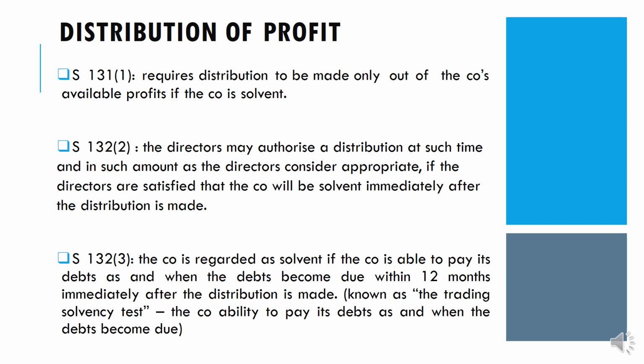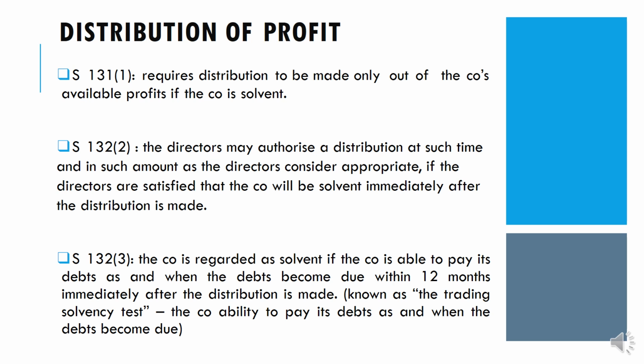132 subsection 3. Section 132 actually explains to us what it means by solvent. A company is regarded as solvent if the company is able to pay its debts as the debts become due within 12 months immediately after the distribution is made.